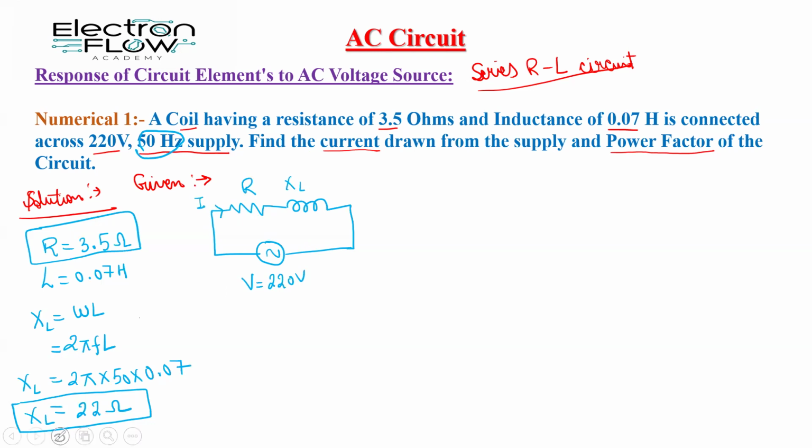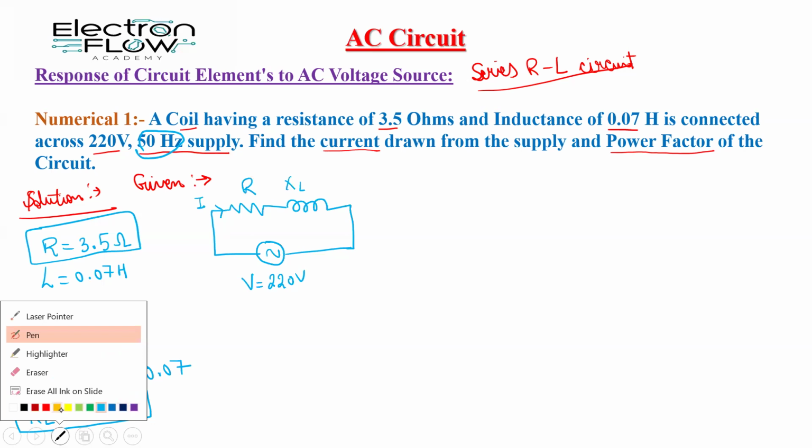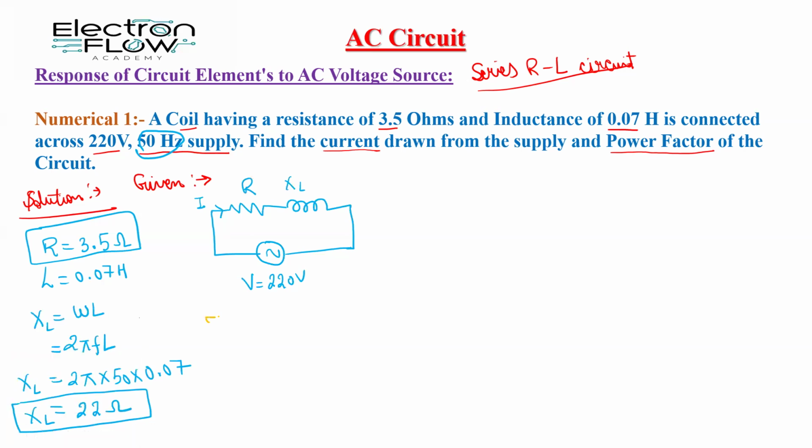Next, we need to find out the total value of impedance. Now Z is equal to, we know, R plus j times XL. So put the values of R and XL: R is equal to 3.5 plus j of XL, which we just calculated as 22.